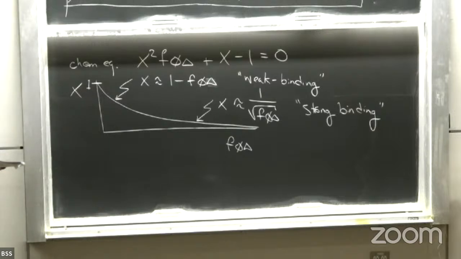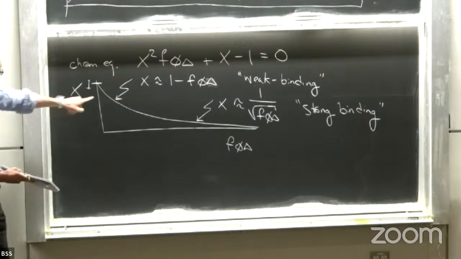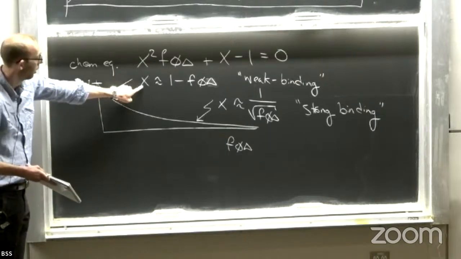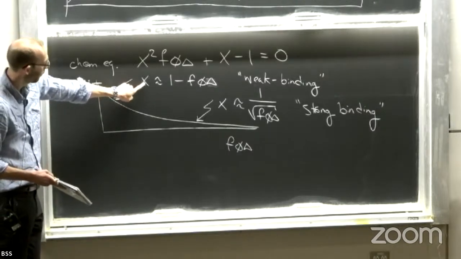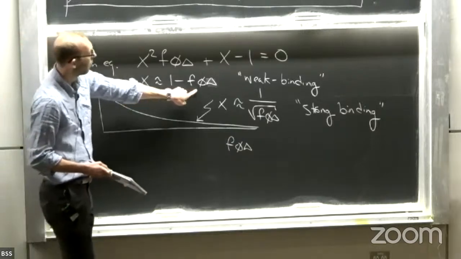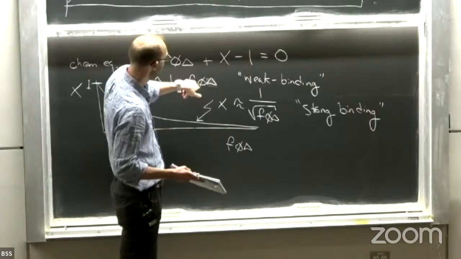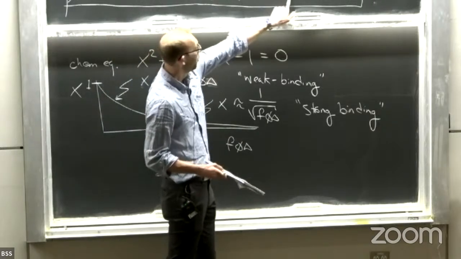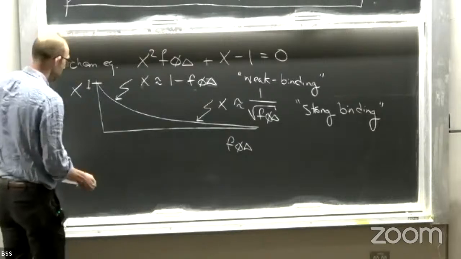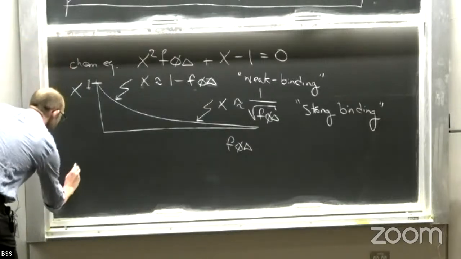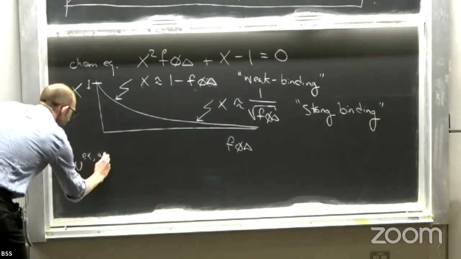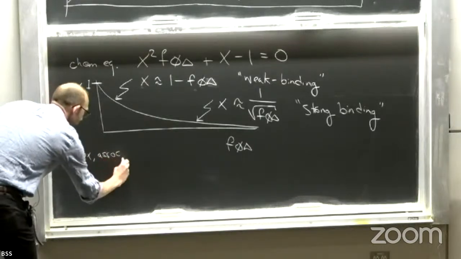So to see that, we should simply plug this expression here, this expansion for low f phi delta, into this part here, right? So we can call this just focusing on this dissociative contribution.